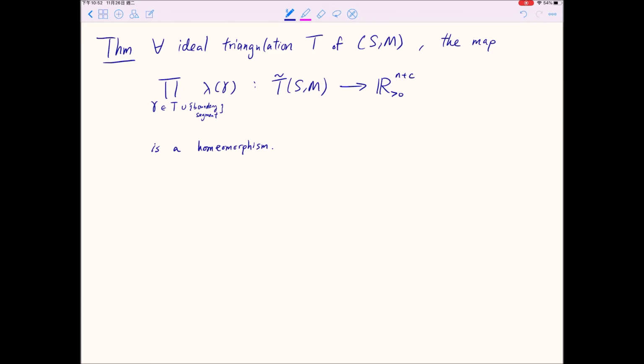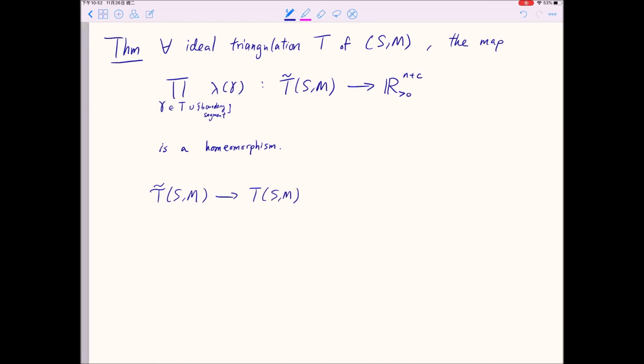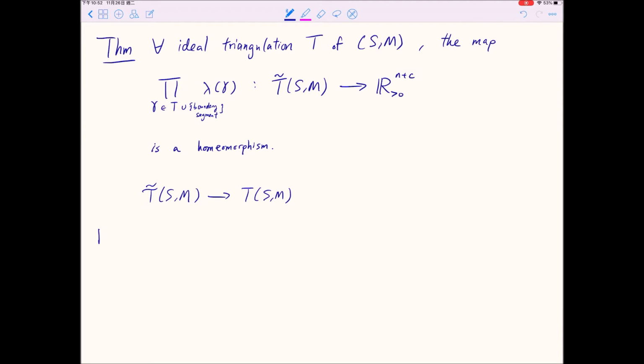But naturally, the Teichmüller space is just obtained from the decorated one by forgetting the horocycles. So to obtain a coordinate system on the usual Teichmüller space, what we do is take the cross ratio.